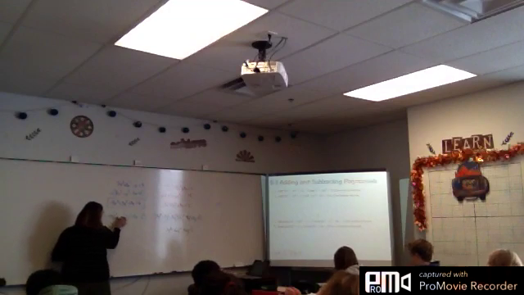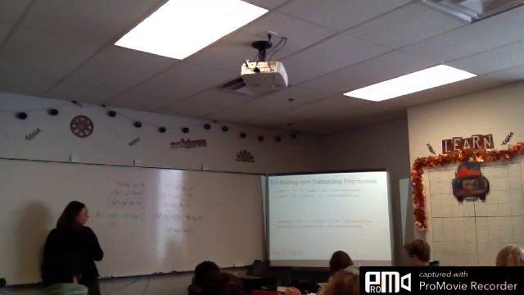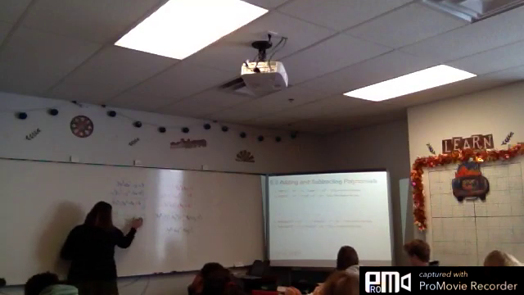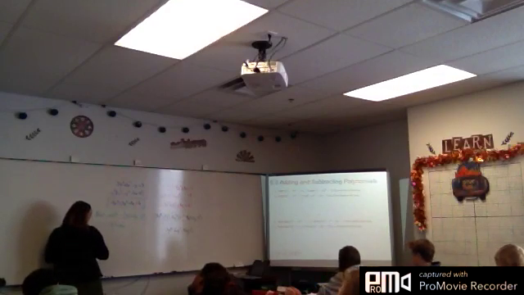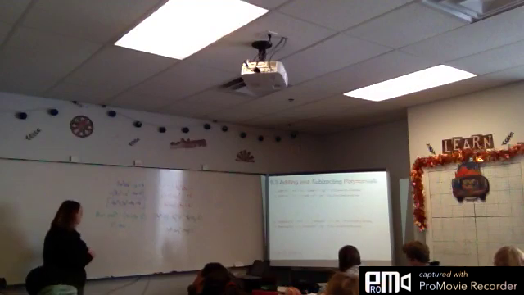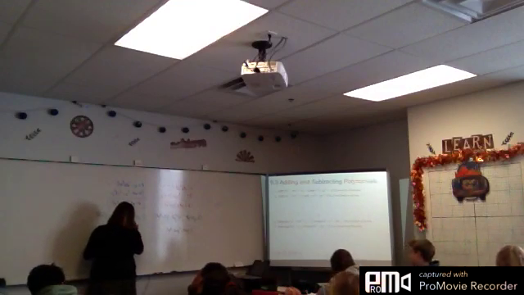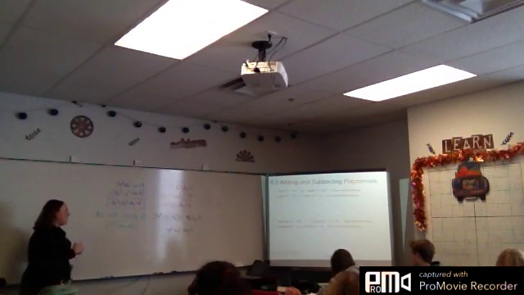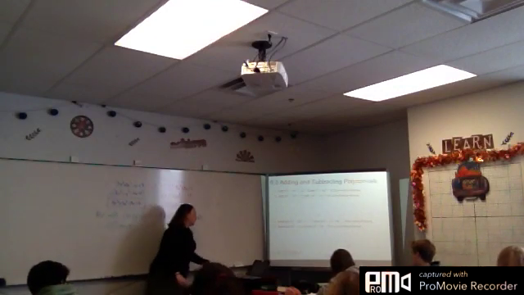Negative z minus 9z. Negative 10z, good. 3 minus negative 12. 15, because a double negative is a positive. Boom, boom, boom. Okay, this is the first part, adding and subtracting.